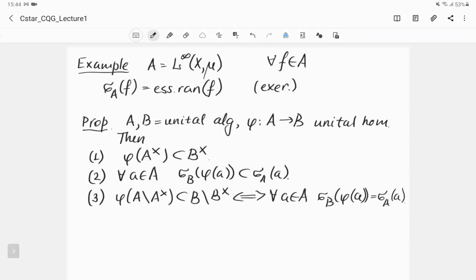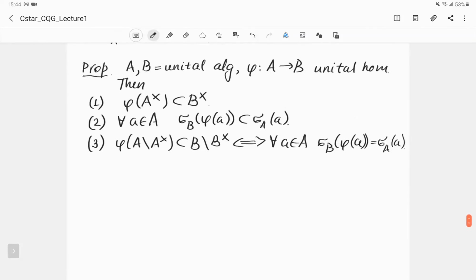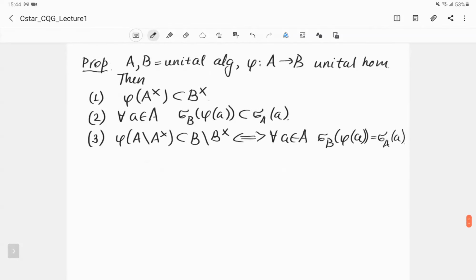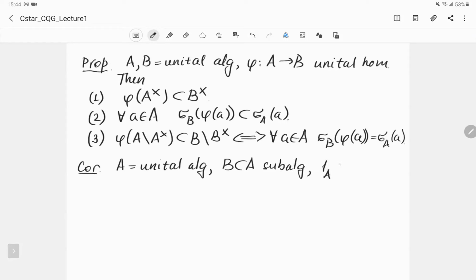An important special case of this result is the following corollary. Suppose that A is a unital algebra, and suppose that B is a subalgebra of A, such that the identity of A belongs to B, so that they have the same identity.